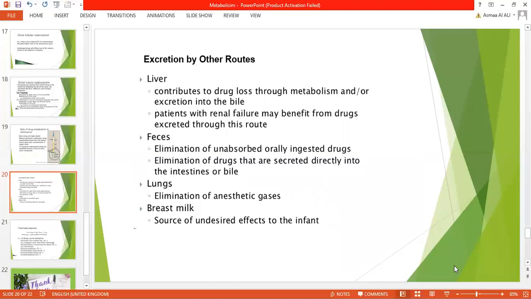Through feces, there is elimination of unabsorbed orally ingested drug, and elimination of drugs that are secreted directly into the intestine or bile. Through the lung, elimination of anesthetic gases happens, for example halothane and isoflurane. Through breast milk, it may be a source of unwanted effect to the infant. So we consider drug clearance or excretion through breast milk.